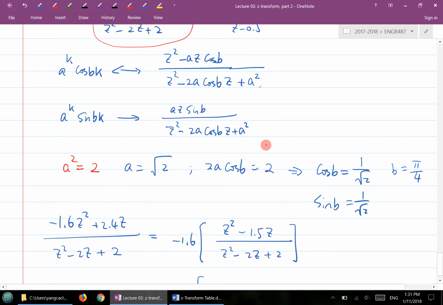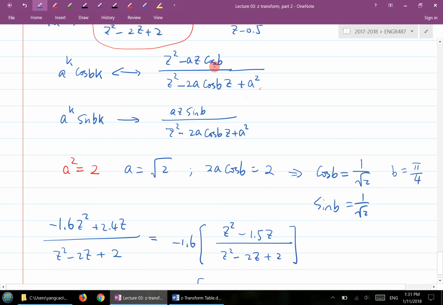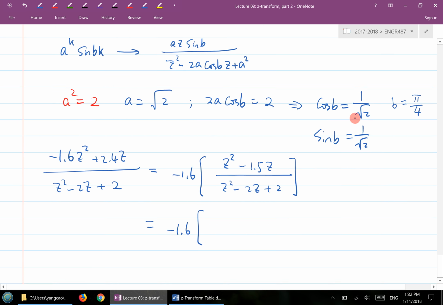I've got a z squared, so that matches this z squared. And then what's the coefficient for the z here? It should be a times cosine b. So what's a times cosine b in this case? It equals 1. So I need only 1 here, and I will need a minus z in order to make use of that table, which means I have to minus another 0.5z.